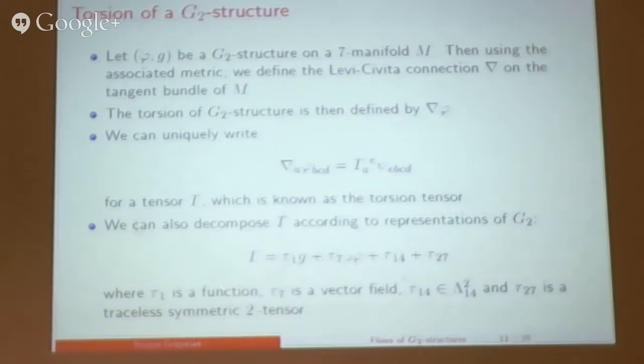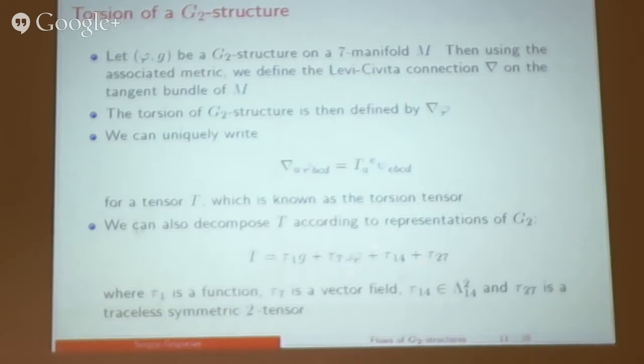In particular, we can split off the symmetric part and the skew-symmetric part. The symmetric part also has a trace part, which is just proportional to the metric. So tau 1 is just some function, and g is the metric. Tau 27 corresponds to the 27-dimensional representation, so that's just some traceless symmetric piece.